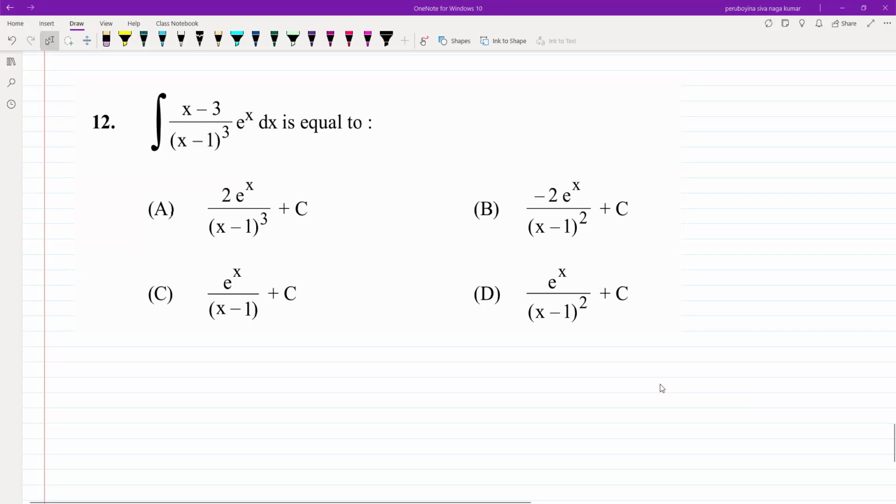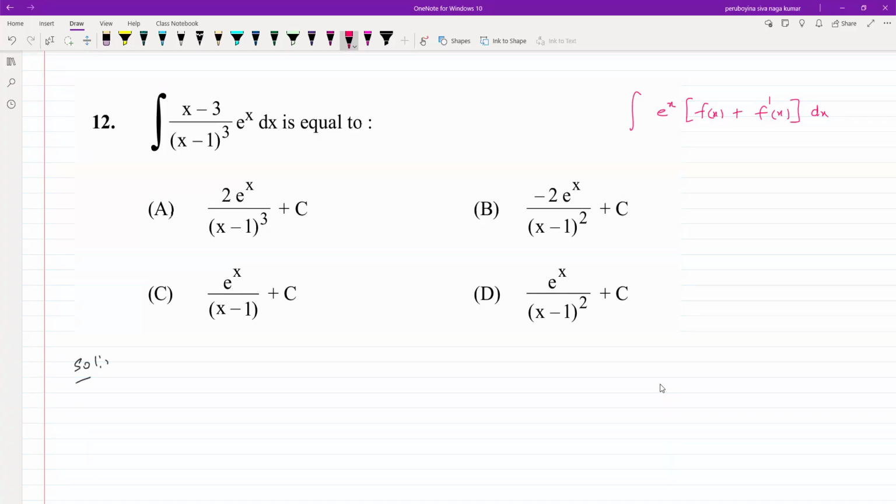Problem number 12. Integral of x minus 3 divided by x minus 1 whole cube into e power x dx. So you should remember one formula. If an integral with e power x is there in the problem, then mostly the problem will be in the format of integral e power x of f of x plus f dash x dx.